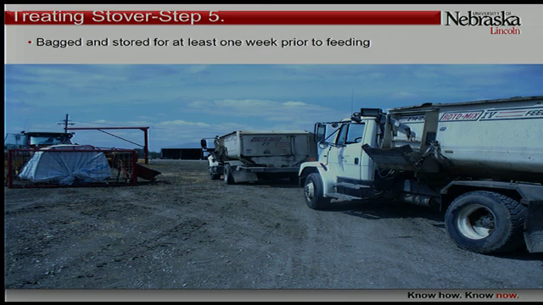However, if you're going to be storing it for large amounts of time, you're going to have some mold if you store it outside. Other systems, as we'll probably see, work on a pile system where they store it outside, and as long as you have it sit for at least 1 week prior to feeding, that's the minimum length of time needed to ensure that the treatment process is complete, and they get along quite well.